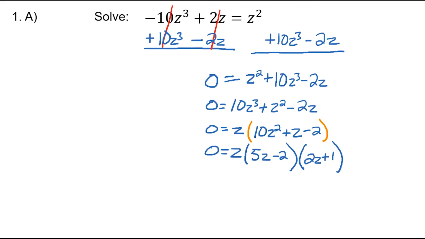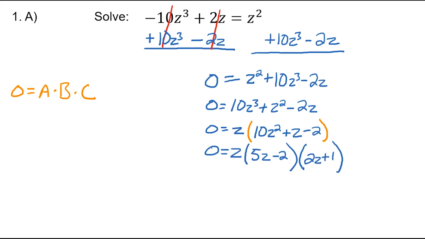To quickly address that, let's say I had 0 is equal to some factor A times another factor B times another factor C. I have three factors here. What that means is one or more of these has to be equal to 0.